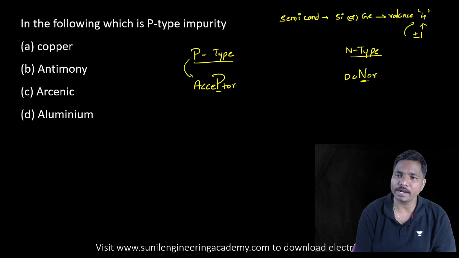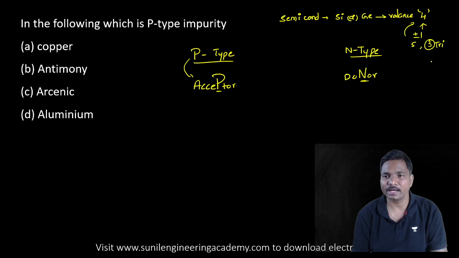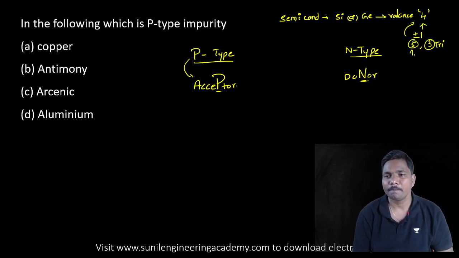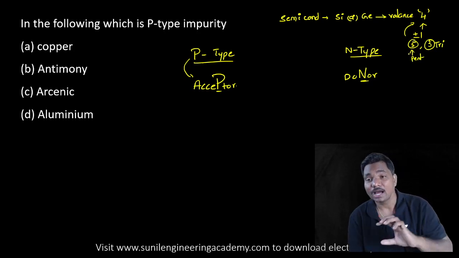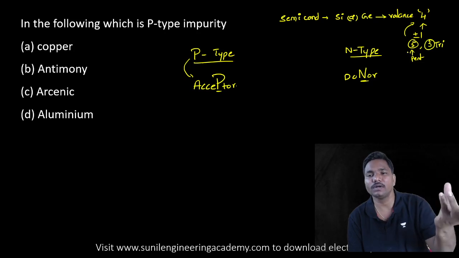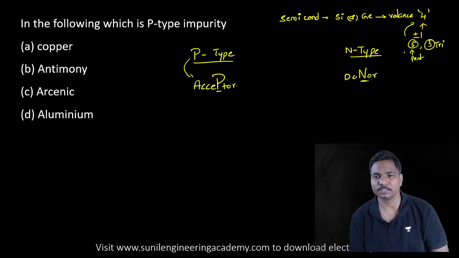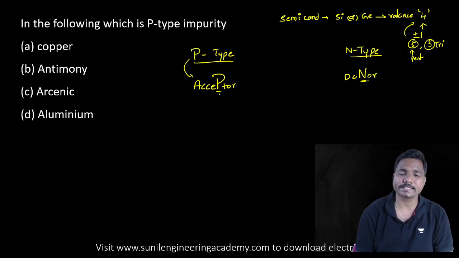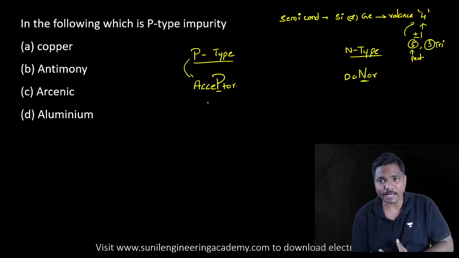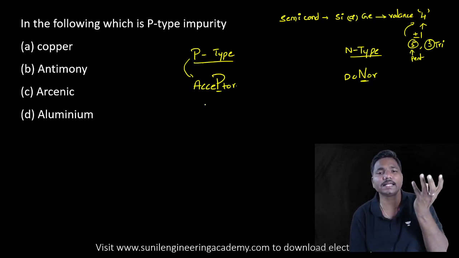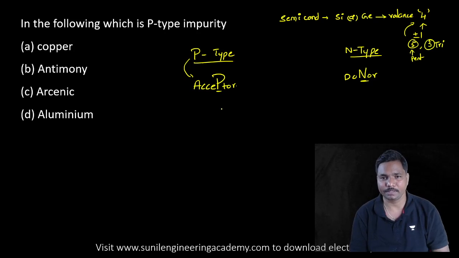That means 4 plus 1 is 5, and 4 minus 1 is 3. So we can add trivalent or pentavalent impurities. Then we get an uneven, that means not equal, number of holes and electrons. Okay, so here these are acceptors. Acceptors means ready to accept. Whenever they have fewer electrons, they are ready to accept.